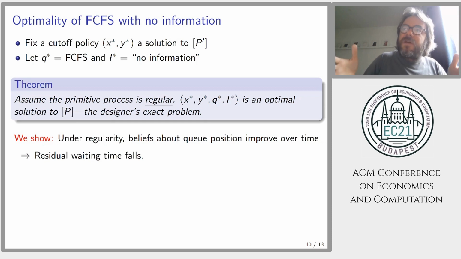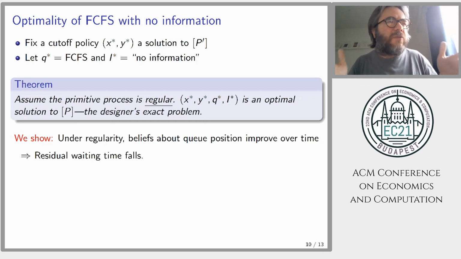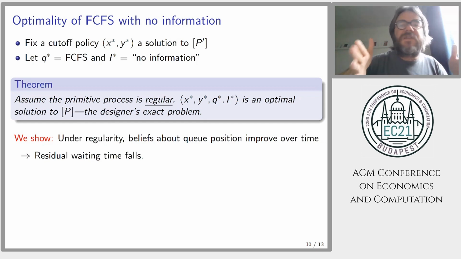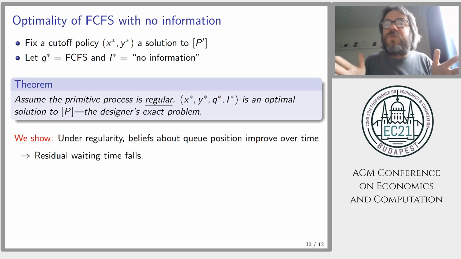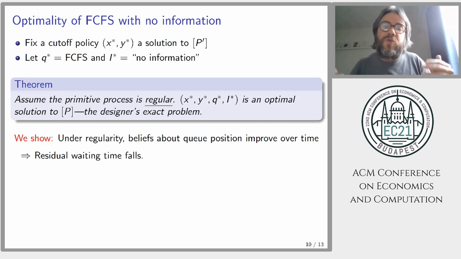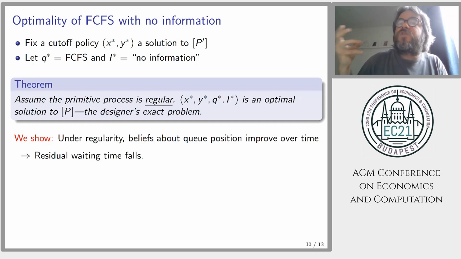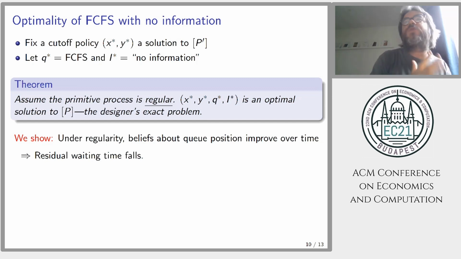There is a force which makes you optimistic, which is the straightforward one: given the initial queue length, let's say the queue length was 10 initially, then as time passes, your position must improve. People ahead of you are going to be served. If you had position 10 at the beginning, you cannot move to position 11 or 12 by definition of first come, first served. So your position must improve over time, and this is what pushes your residual waiting time downward.